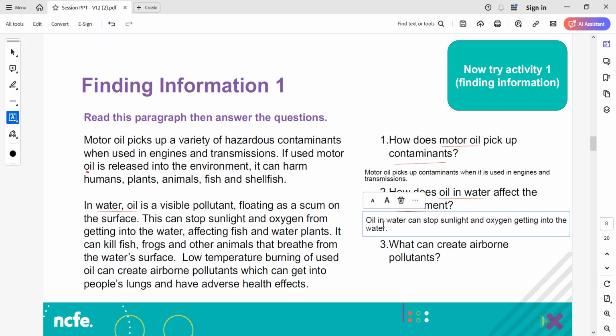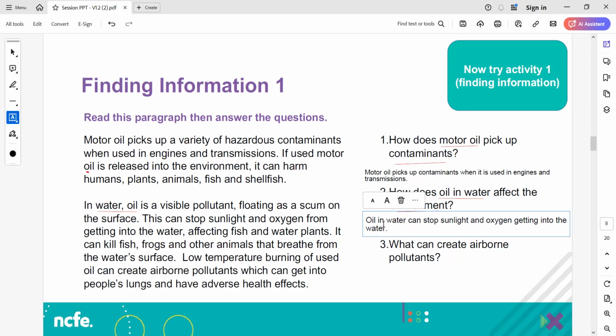And depending on the number of marks, you can judge how much else you need to write. So if it's only 1 mark, that would be enough. If the question has 2 or even 3 marks, then you would want to be adding further information about it affecting the fish, the water plants, and killing other animals. So you'd need to judge that.